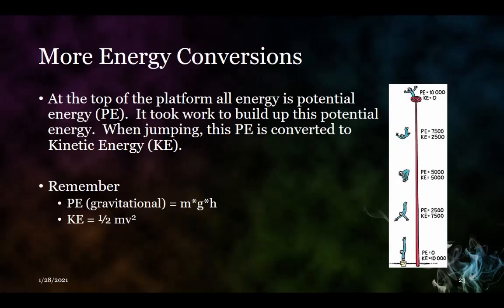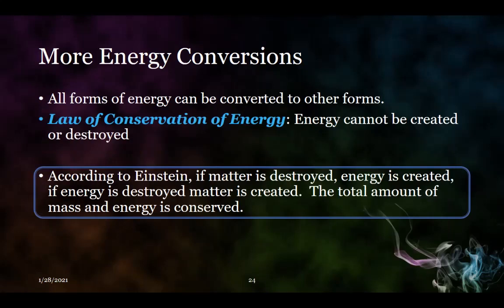But as he jumps, that potential energy is converted into kinetic energy. And if we can measure his height at that point, we can tell how much he still has in terms of potential, subtract that from the original, and know that the rest of that energy has been converted into kinetic energy. All right. This again is because of the law of conservation of energy.